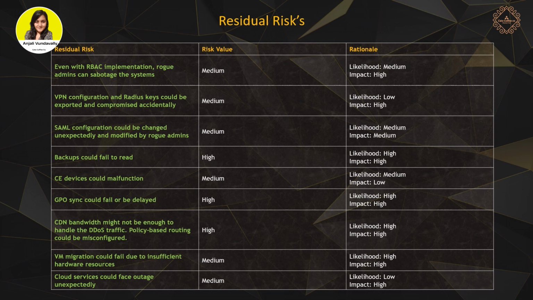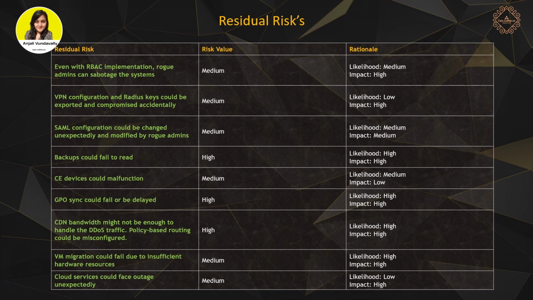The residual risks are the risks which can take place even with the controls in place. So even with RBAC implementation, rogue admins can always sabotage the systems. The risk value is medium, whereas likelihood is medium and impact would be high for the residual risk.